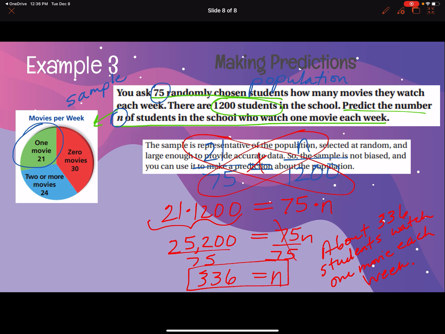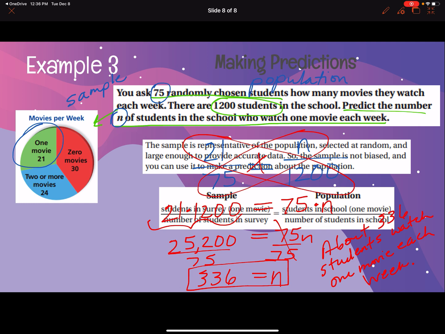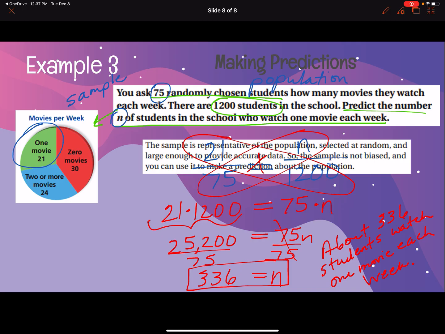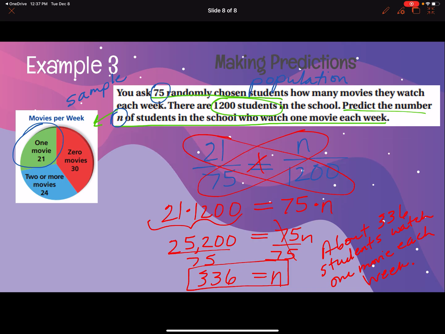The sample is representative of the population selected at random and large enough to provide accurate data, so the sample is not biased and you can use it to make a prediction. And there's the formula that we just used to set up the proportion to solve that information.